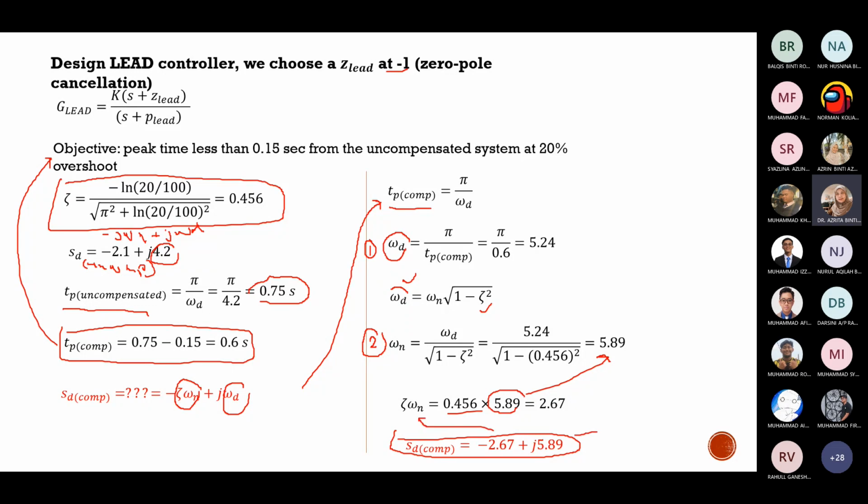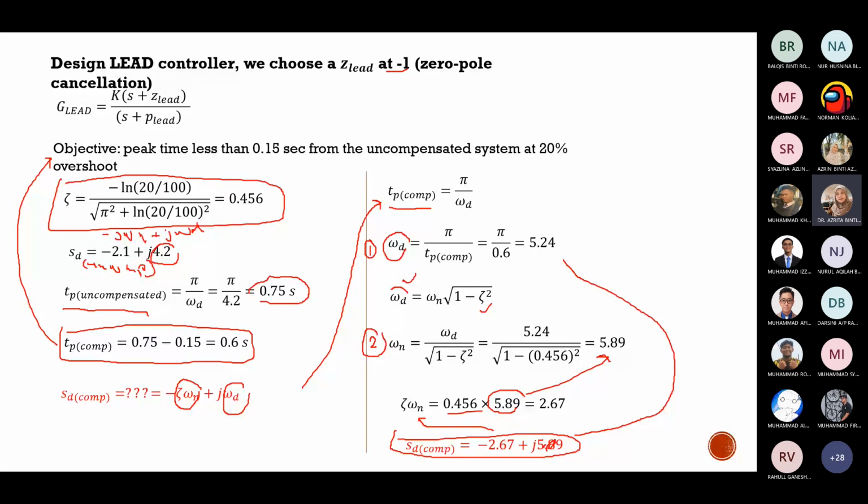So which one is the value of omega d? Our value of omega d should be, I made a mistake here. It should be 5, I will correct it later. Should be the value of omega d. So my mistake.